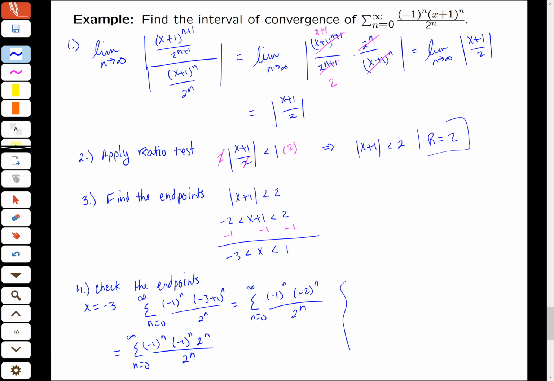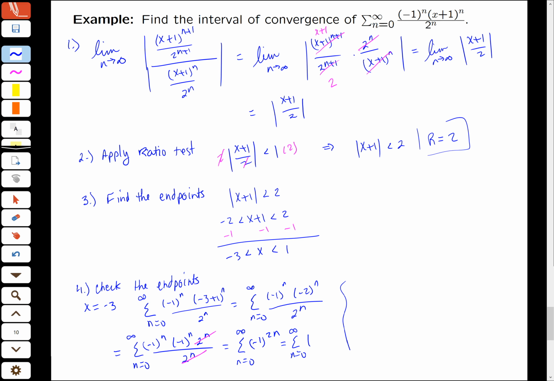But what is negative 1 to the n times negative 1 to the n? Yeah, negative 1. I have n plus n gives me 2n. What is negative 1 to the 2n? What is negative 1 to an even power? 1.